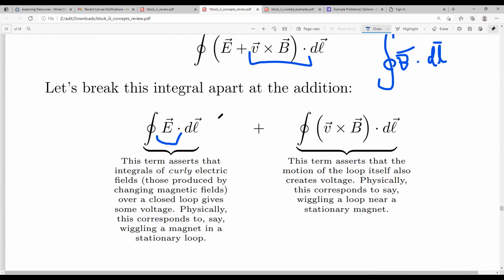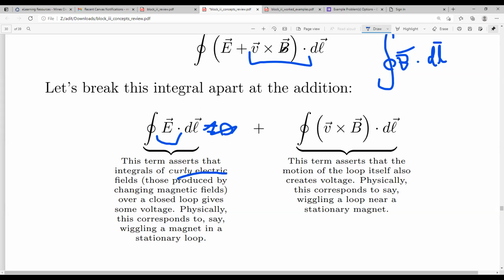I don't remember how much we stressed this in block 1, but something we did stress in electrostatics was that for a static electric field, or not a curly electric field, sometimes called a conservative E field, you can never get a non-zero value for this integral. If you integrate around a closed loop, you're always going to get 0 in electrostatics. But now we have curly electric fields, non-conservative E fields.